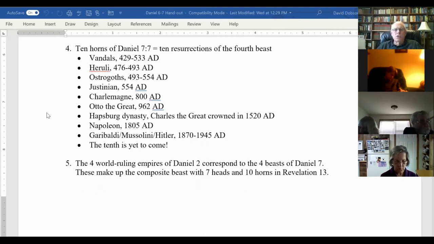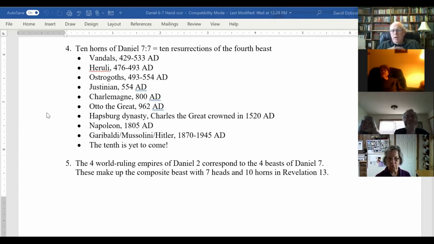The 10 horns are 10 kings. Now, I have on the screen, I hope you can see it still, the handout, point 4, the 10 horns of Daniel 7 equal the 10 resurrections of this fourth beast.